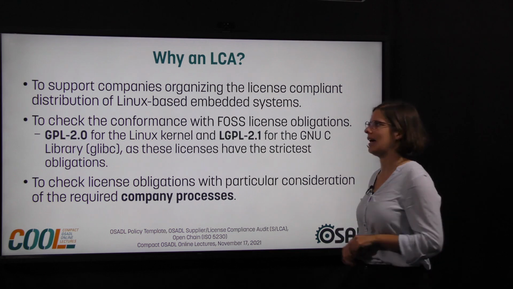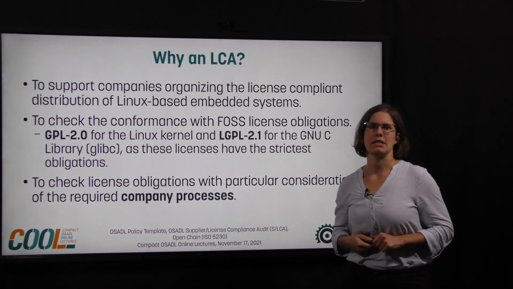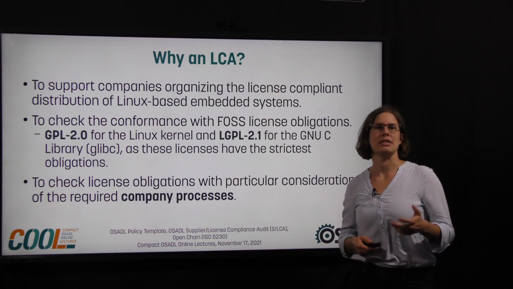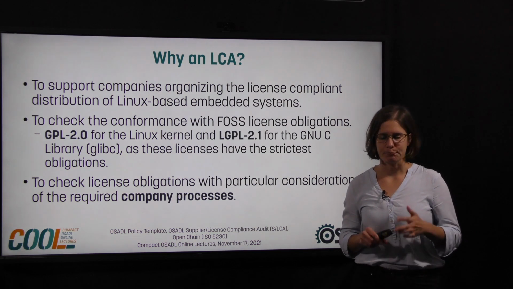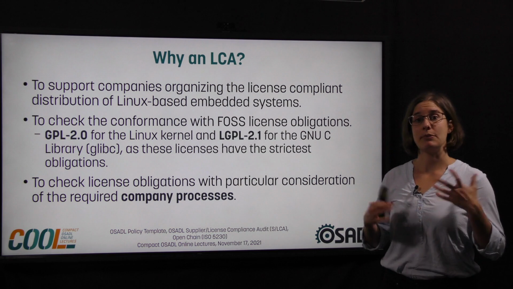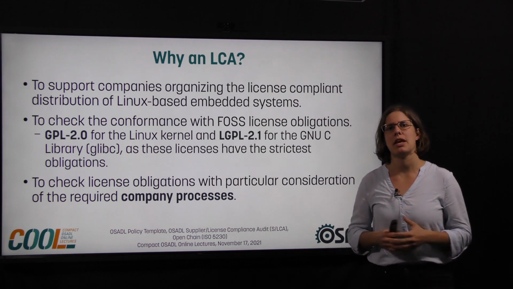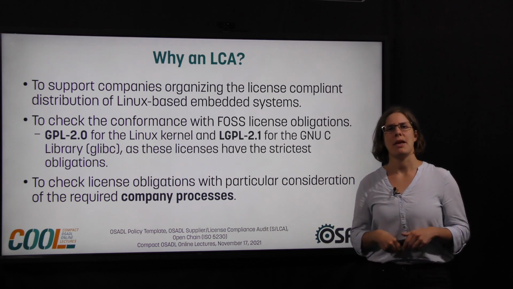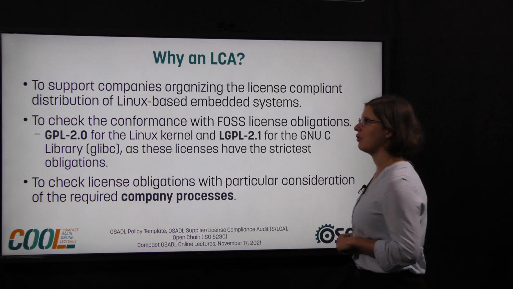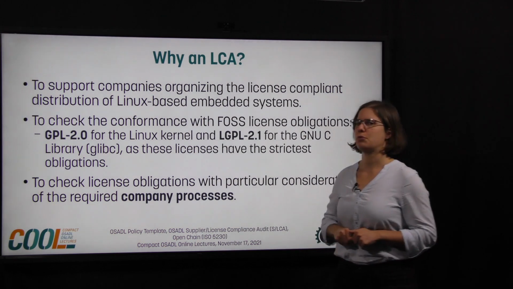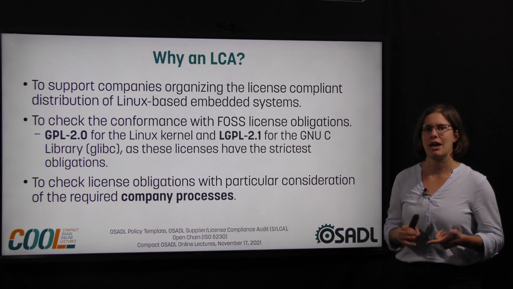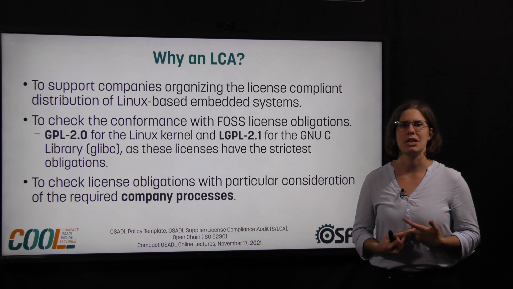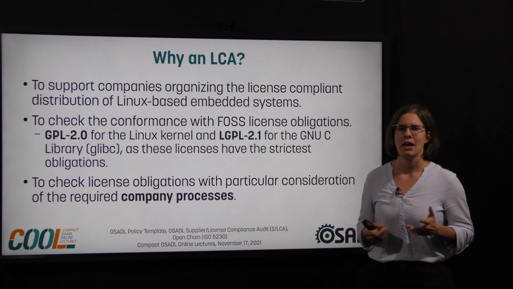In particular, we're looking here at Linux-based embedded systems, as of course that is the hard core of what most of our member companies distribute. And to keep the audit fairly general, to make sure that the same audit procedure can be used on many different companies, we are concentrating in this audit on the Linux kernel under the GPL2 and the C library, usually if it's the glibc under the LGPL 2.1.